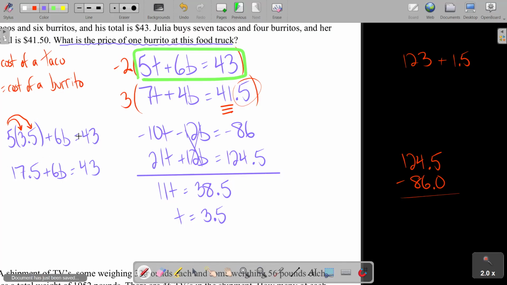All right, next step. Yep. Subtract 17.5, and that's going to be 25.5, I believe. And then divide everything by 6. What's B?